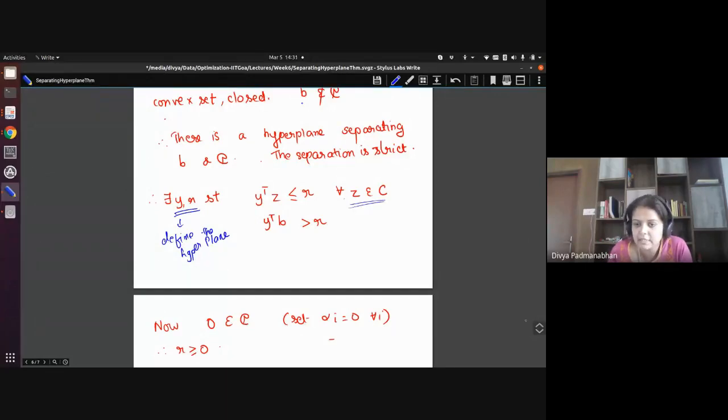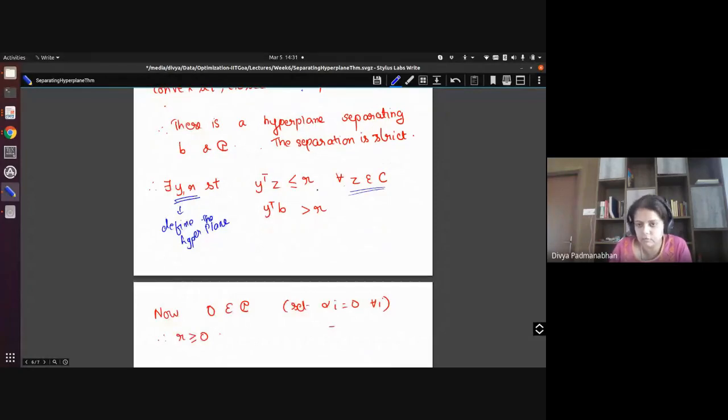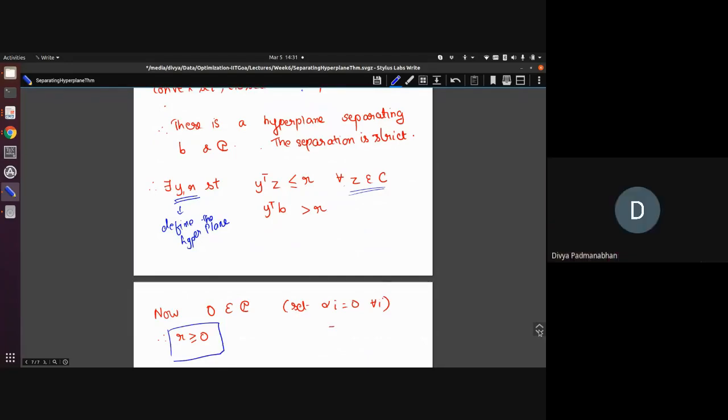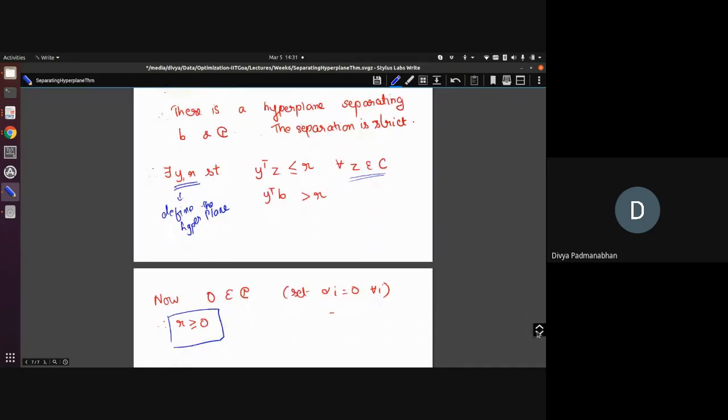So we have ensured that r cannot be negative. Now what remains is, can we have r greater than 0? That is something we'll check.